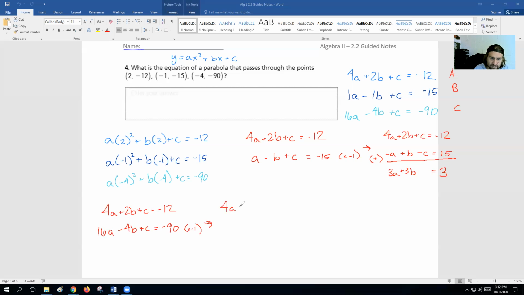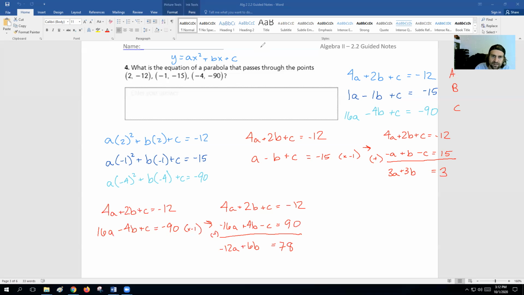We get 4a plus 2b plus c equals -12, and -16a plus 4b minus c equals +90. So we can add these together. I would get -12a plus 6b, the c's go away, and -12 plus 90 is +78.